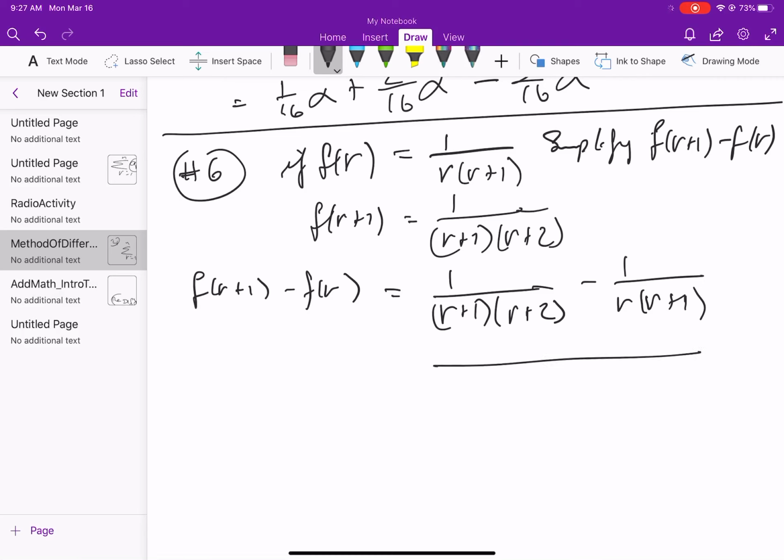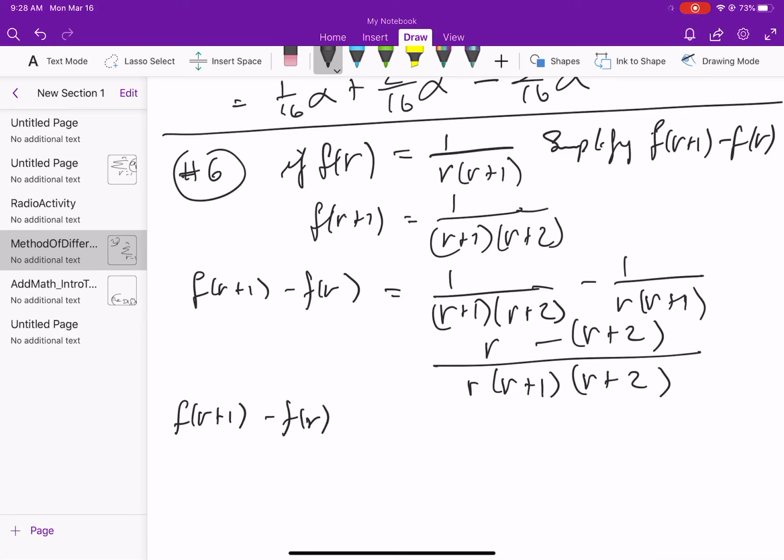If we're looking for a common LCM, that should be r into r plus 1 into r plus 2. And in my numerator, these two cancel, so you get r minus into r plus 2. So f of r plus 1 minus f of r simplifies to 2 upon r into r plus 1 into r plus 2.